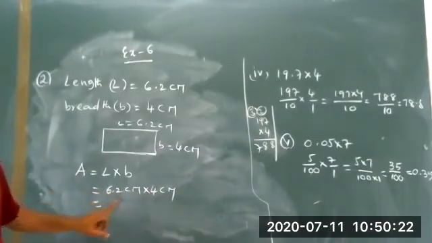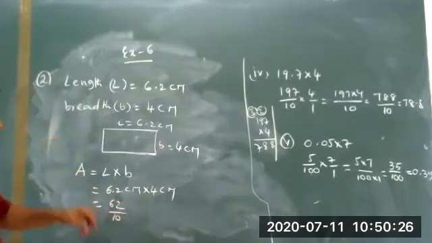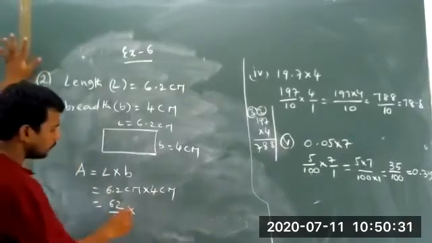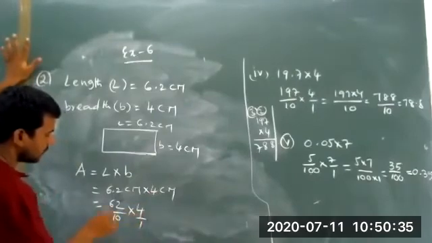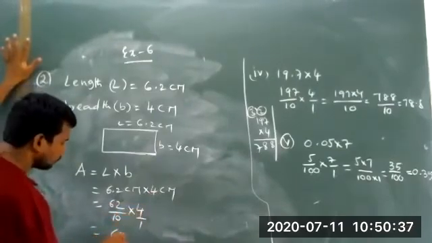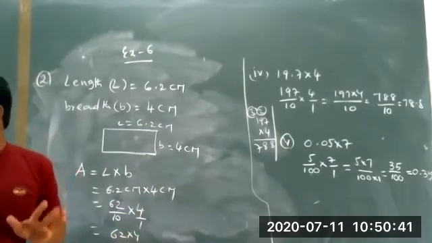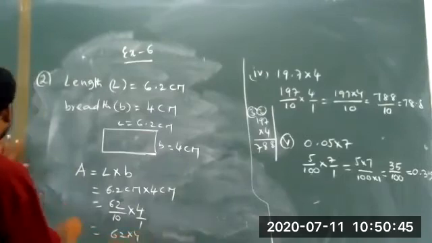Only one. So 62 by 10. Here 10 means the decimal place value is only one. So into 4 centimeters, that is 4 by 1. 62 into 4 by 10 into 1. So 62 fours.